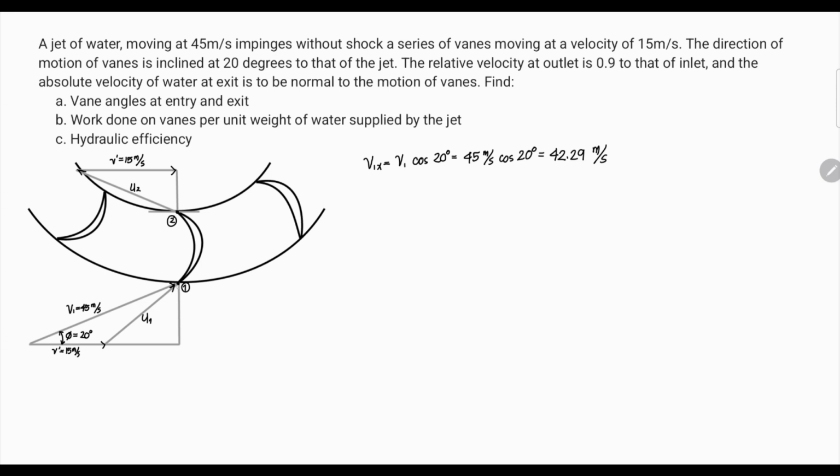I forgot to mention, this velocity is our V1 normal, which is also equal to our U1y, and this velocity is our U1x, the x component of our relative velocity. And for point 2, this is our V2 normal, which is also equal to, since it is the relative velocity at point 2 directed towards the upper left, our U2y component.